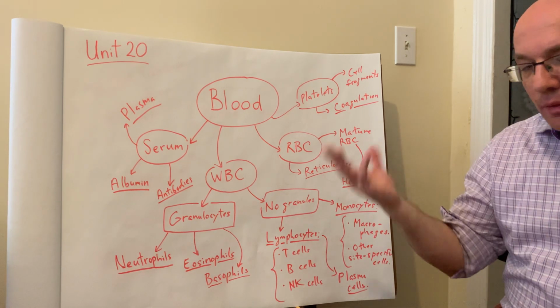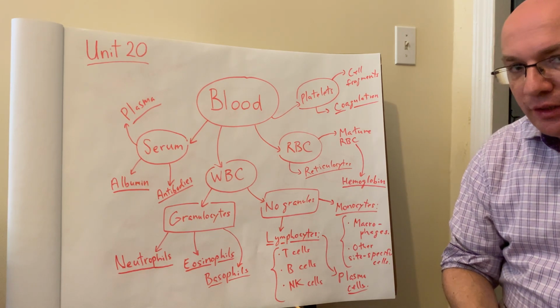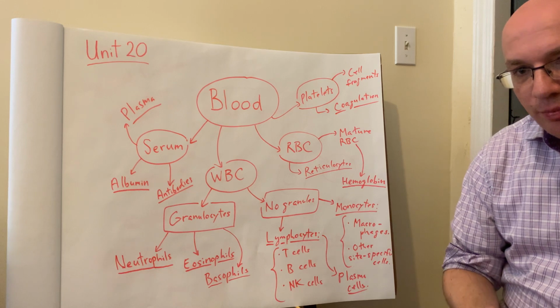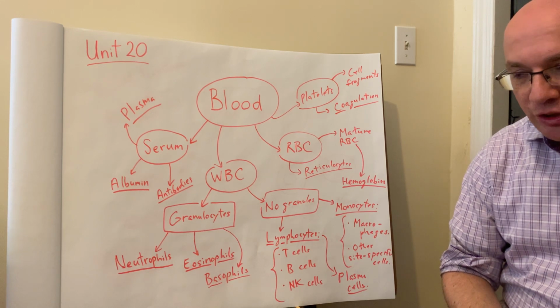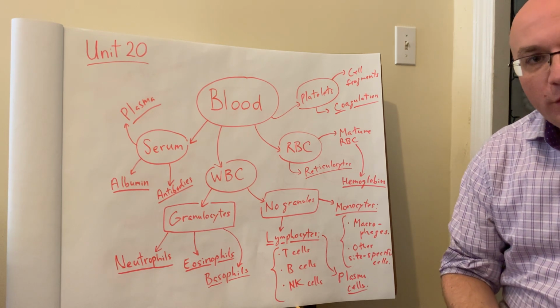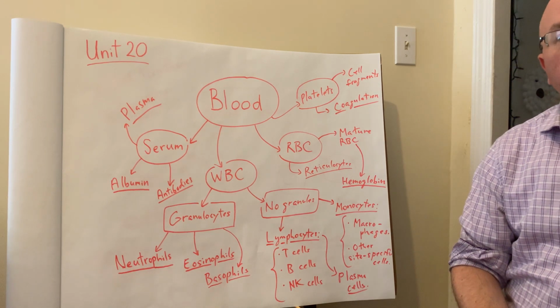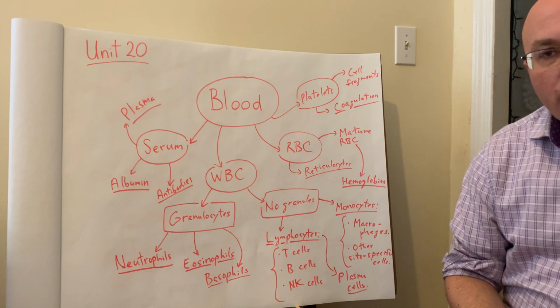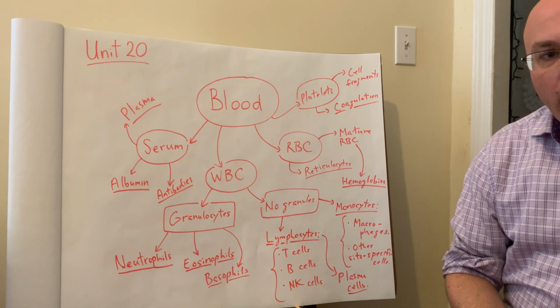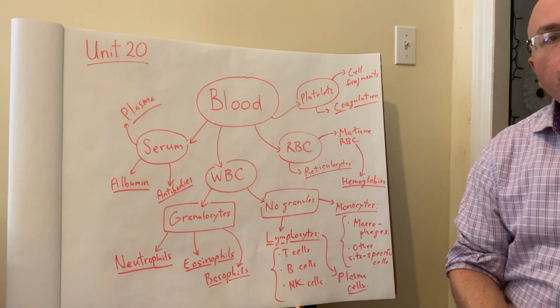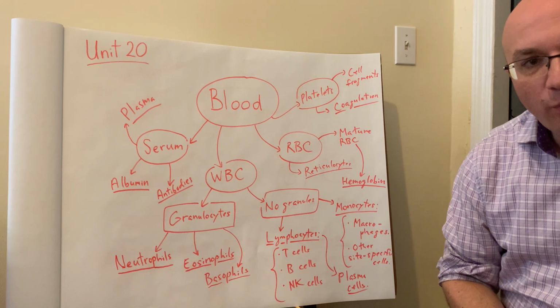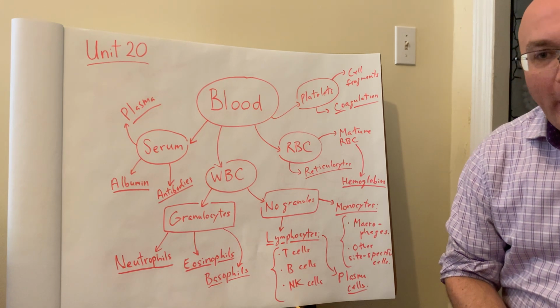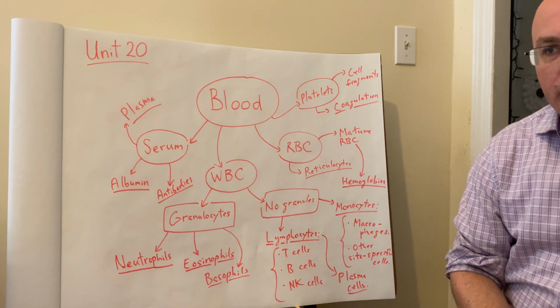Now, after we talk about all of this, and you look at the pictures in the book, the blood smears and the histology slides, the next important component in this chapter is to realize that sometimes when bleeding occurs, a person needs to receive a blood transfusion. Now, in order to receive a blood transfusion, we have to understand that there is a very specific way in medicine that we categorize the different blood types that exist.